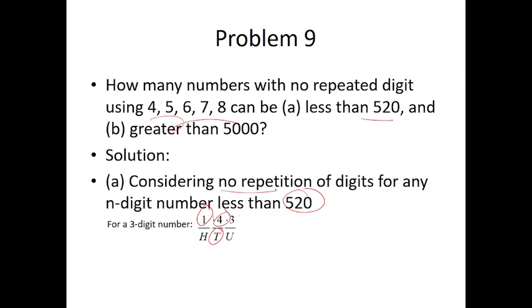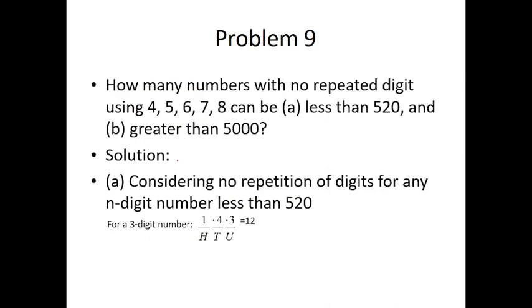And then yung sa units place, wala nang bawal dyan na ilagay. Ang meron lang bawal yung sa hundreds. So, 5 minus yung 2, 3. So, that is 12. That is only for a 3-digit number.